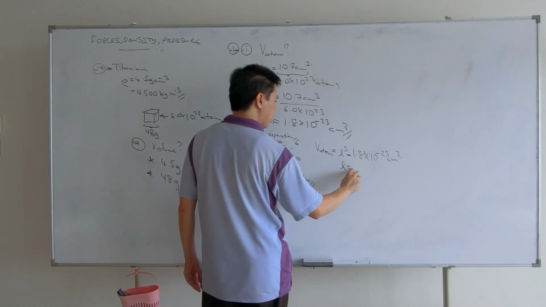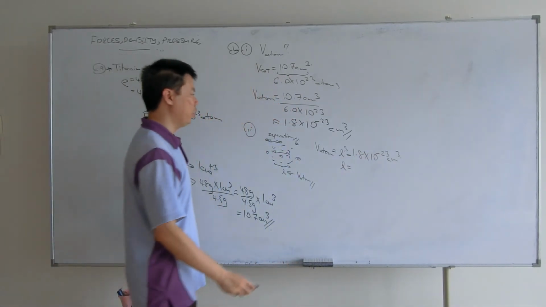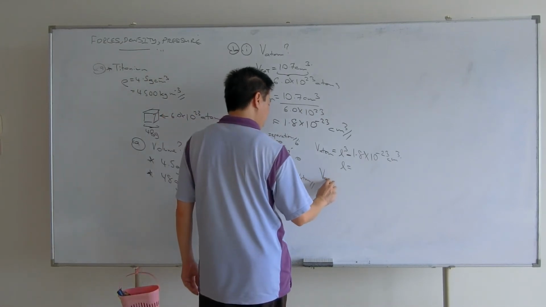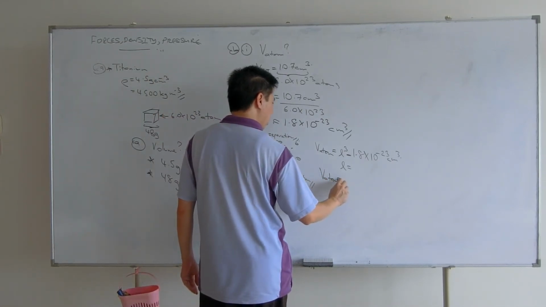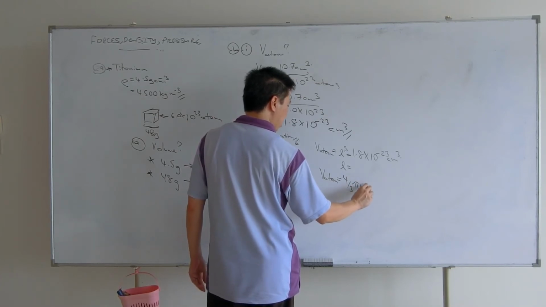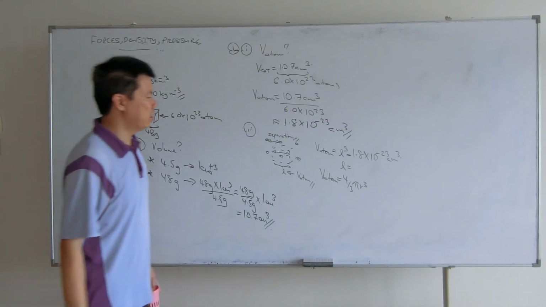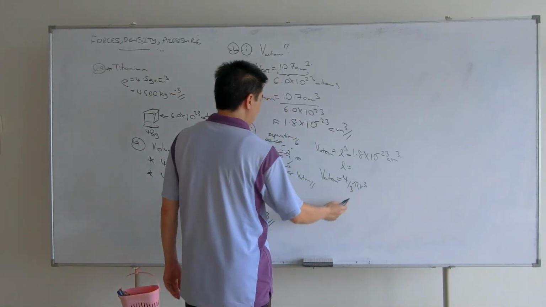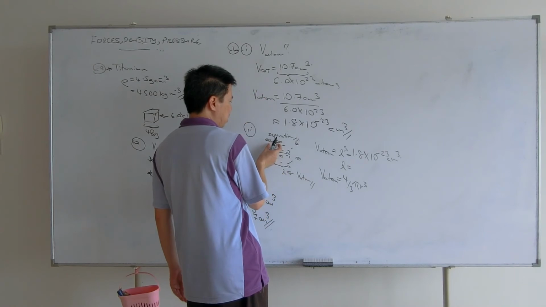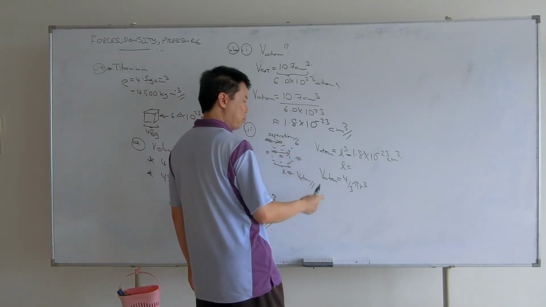Therefore, L is equal to the cube root of this one. We have one version. If you remember, the volume of a sphere is 4/3 pi r cubed. In this case, we do not want the radius. We want the diameter of the sphere.